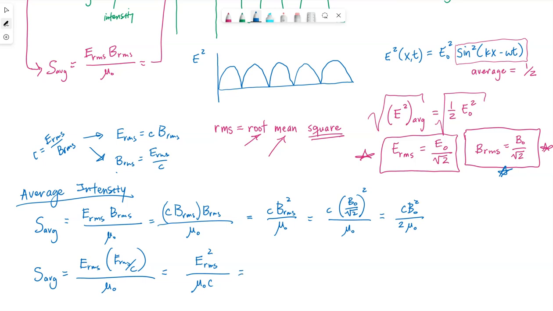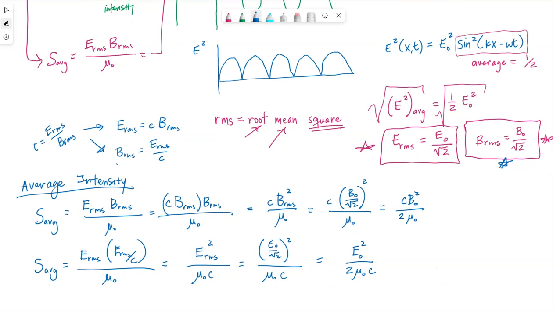And similarly, we know the RMS electric field is the maximum value over the square root of 2. We could write this average intensity in terms of just the electric field. Because the electric field and magnetic field are always related, it is totally applicable to write this average intensity in terms of either one.